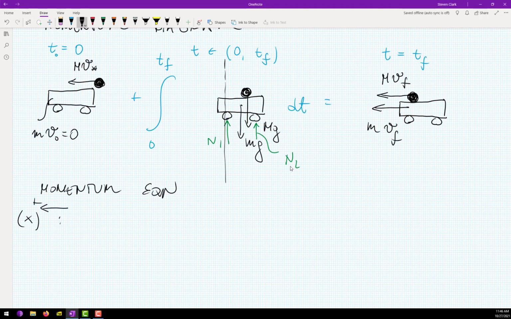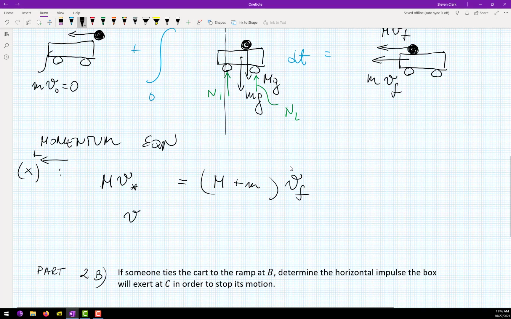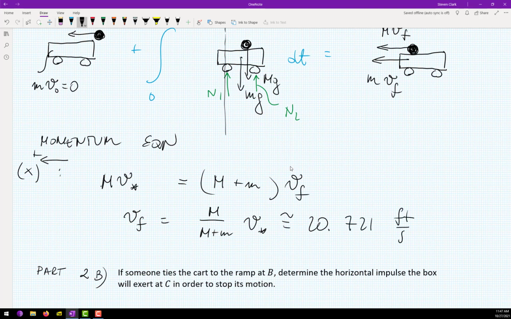So we will have big M V star at the beginning plus 0 equal to (M plus m) V final. They asked us to find V final. So V final is equal to M over (M plus m) times V star. Plug in values and obtain that this is approximately 20.721 feet per second. Questions?